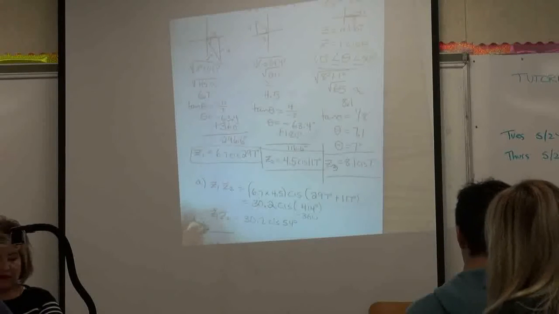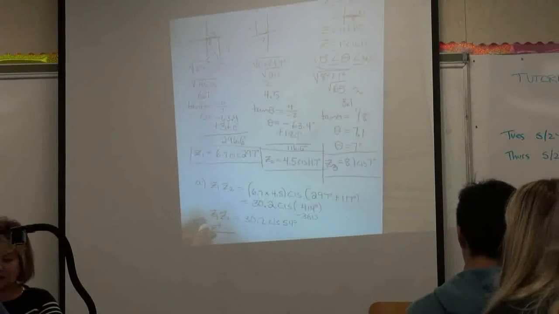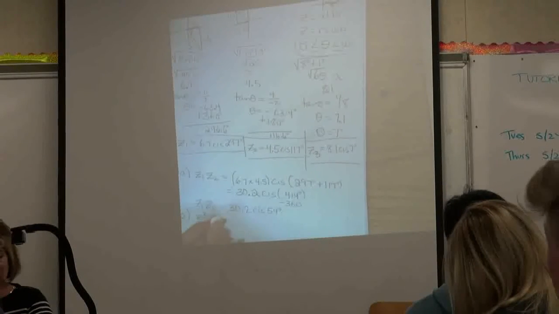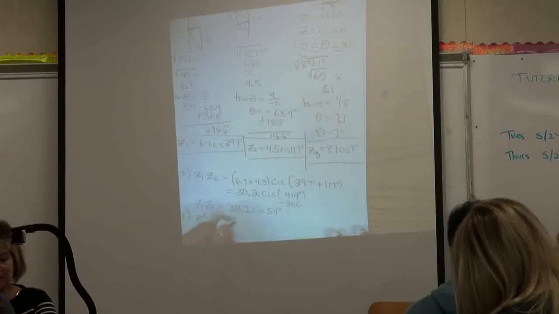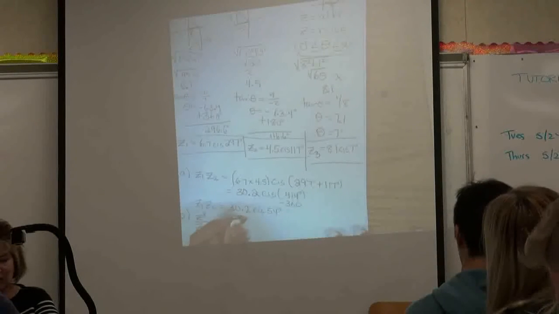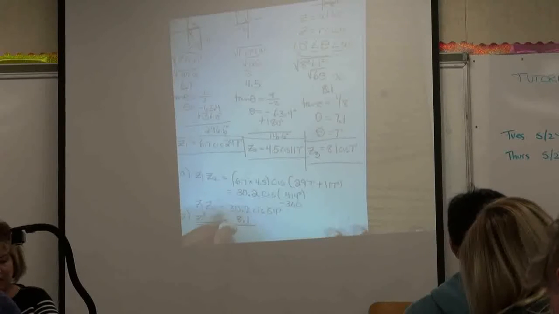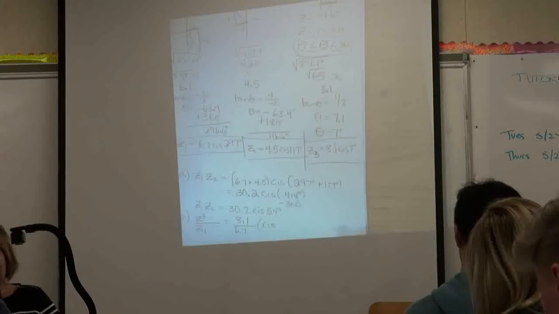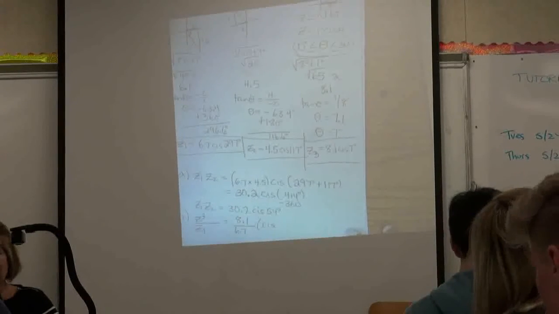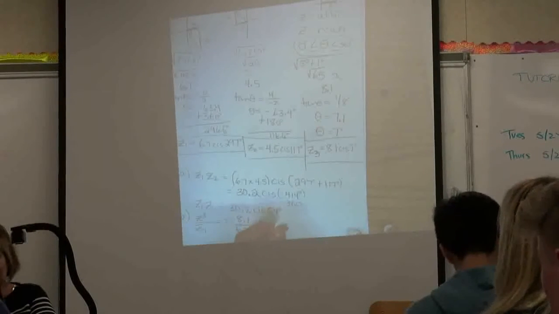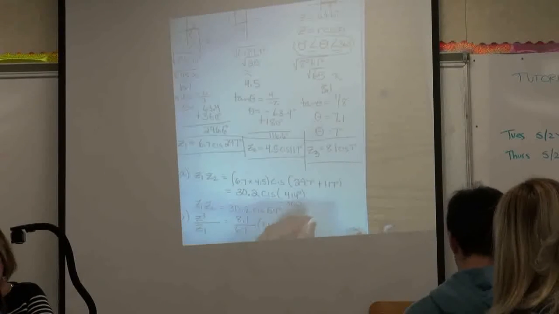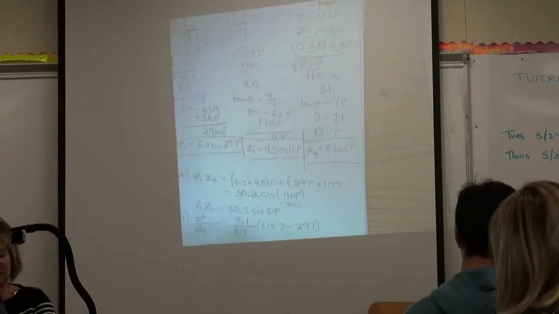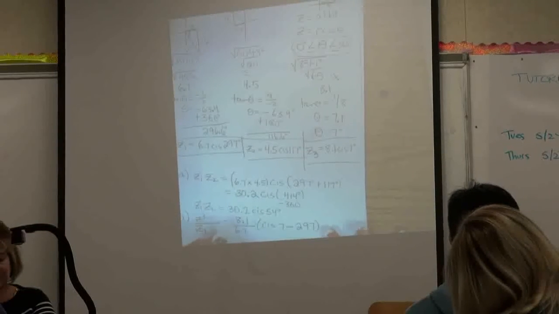Question B is asking you to do Z3 divided by Z1. Jake, what do we do to the moduli? Divide them, so 8.1 divided by 6.7 cis, and what do we do to the arguments? Subtract. So 7 minus 297. Jake on the calculator, 8.1 divided by 6.7, 1.21.